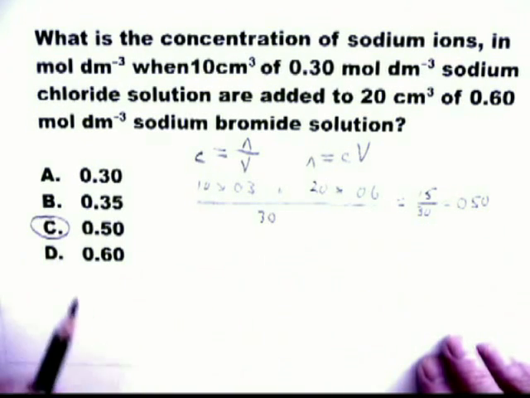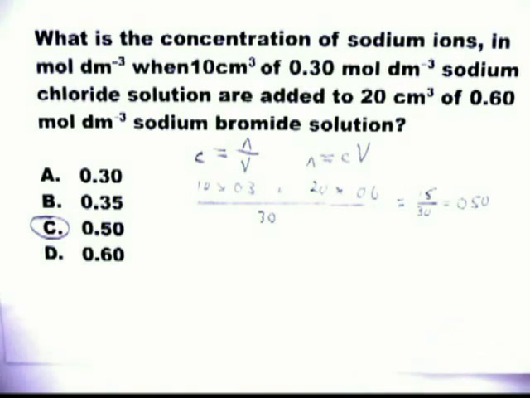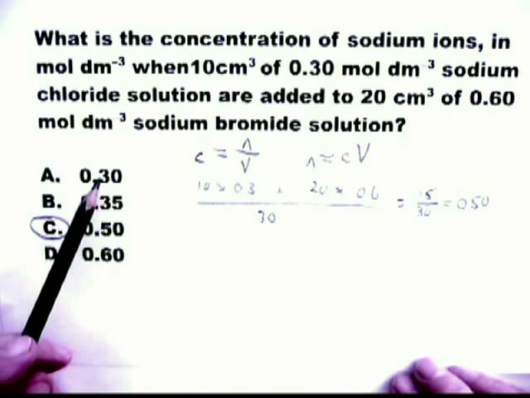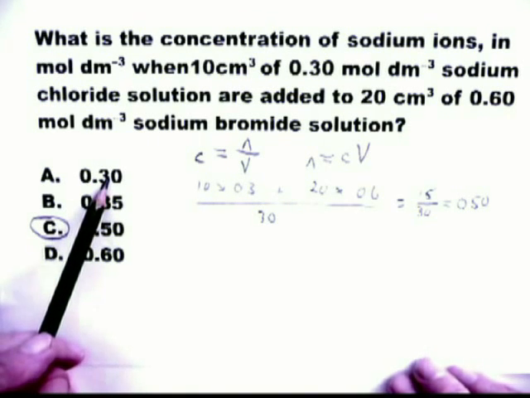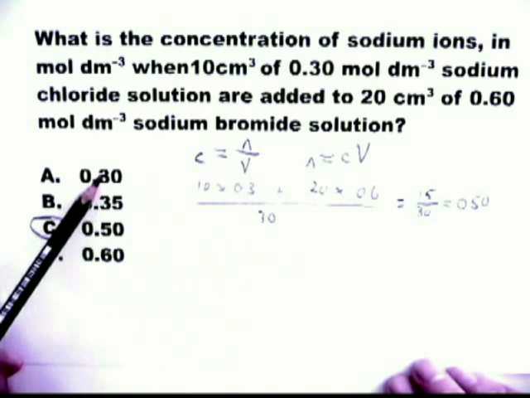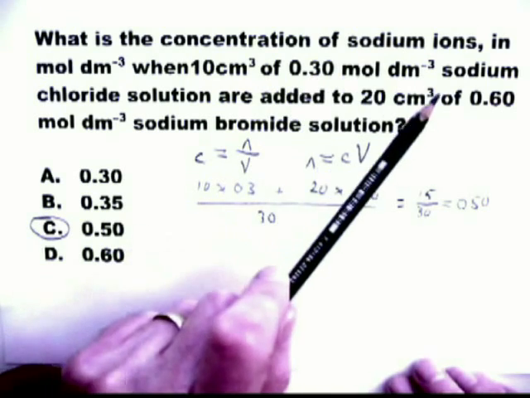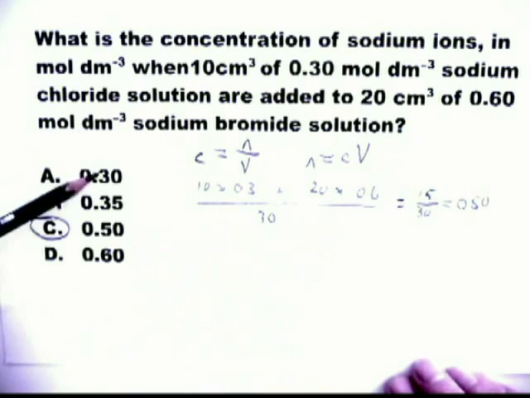Now, interestingly, you could have used the method of elimination, looking carefully at some of these answers. A, 0.3. Clearly that is not a possible concentration because you started with one solution which had a concentration of 0.3 and you added a stronger one. Similarly, D is not a possible answer.